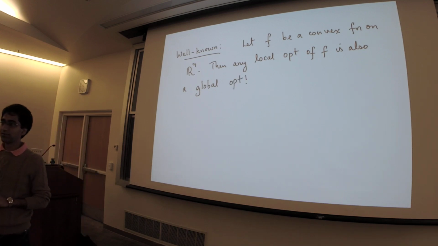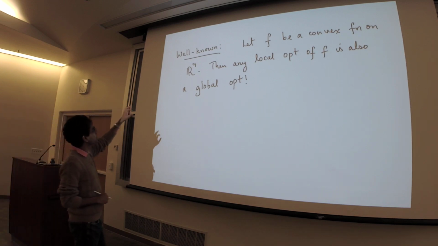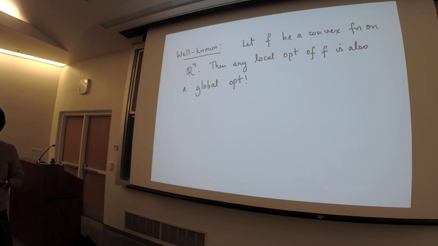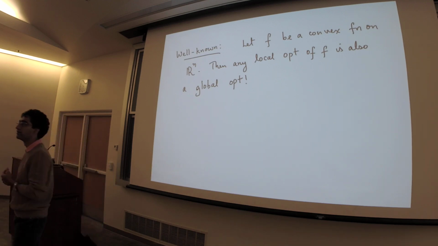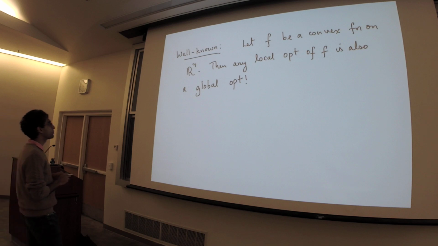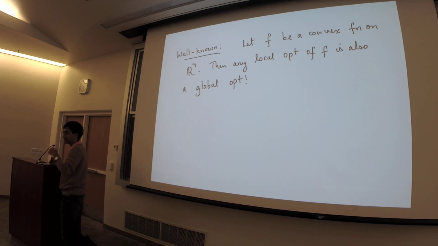So this is fairly simple to prove, but this is one class of functions for which this happens, and it's probably the most popular. So how many of you have seen this fact before? This is actually surprisingly easy to prove, but maybe I can just give a hint and not get into the proof.